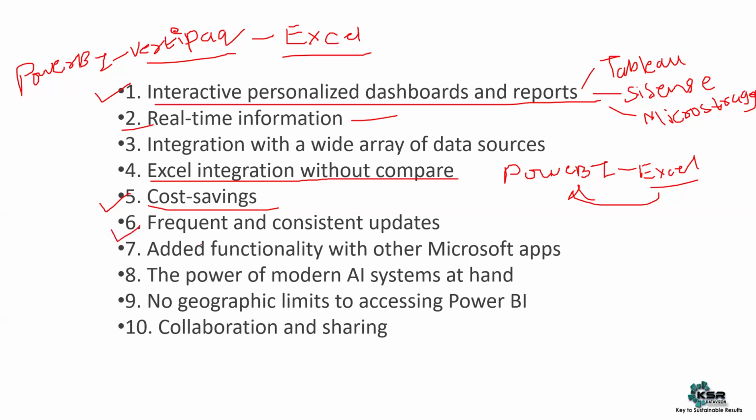Now, one more advantage is frequent and consistent updates. What do you mean by frequent and consistent updates? Every month, even though the updates are not that great, Microsoft is releasing a few updates related to Power BI. And if you look at the track of the last 2 years, all the updates are totally different.